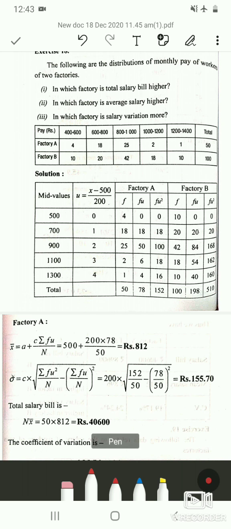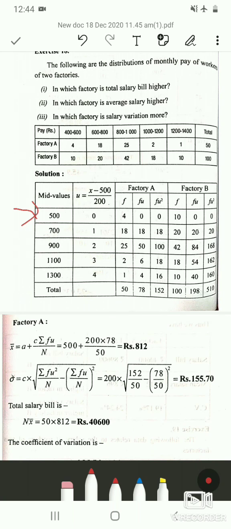So the first step would be to calculate the mid values, that is 600 plus 400 divided by 2, you'll get 500. Similarly calculate mid values for all the classes. This is a continuous type of data. We can take the step deviation method, or even you can go for the normal, that is the direct method. It is your choice.